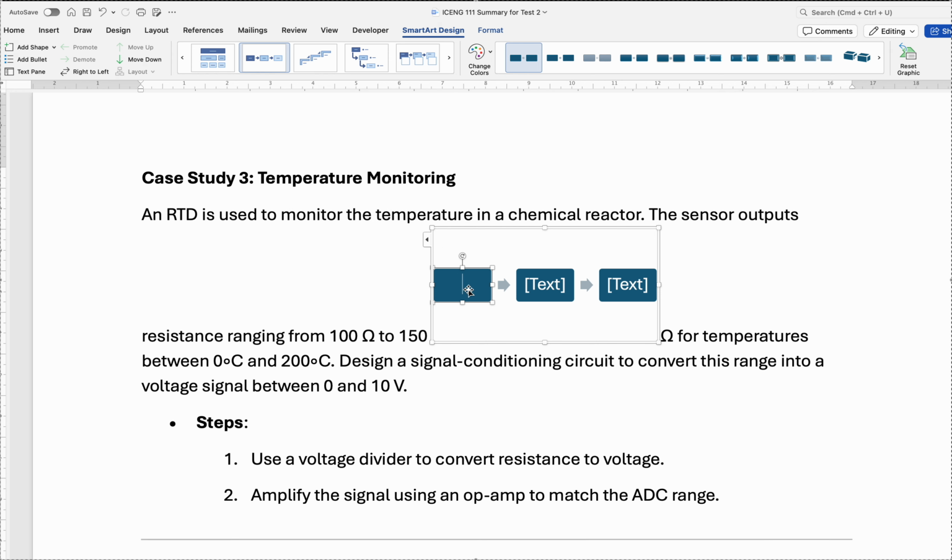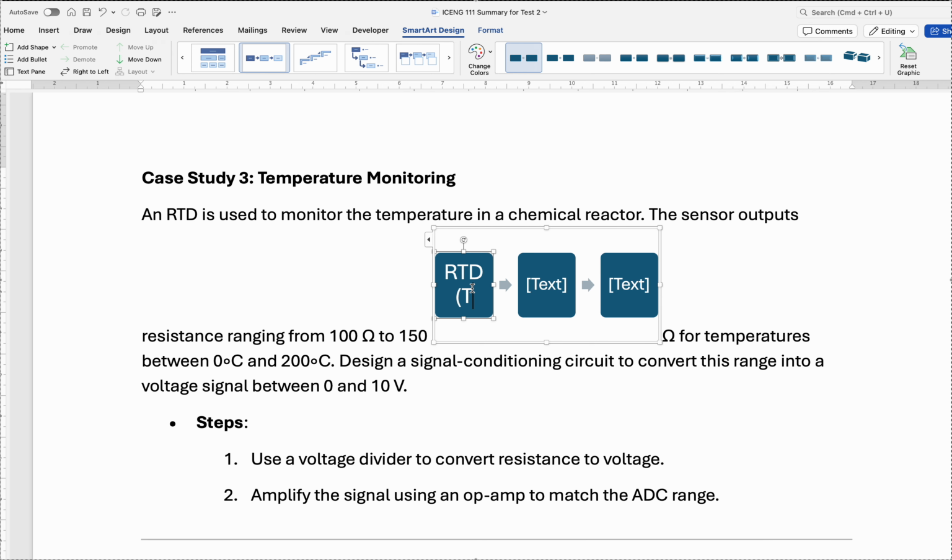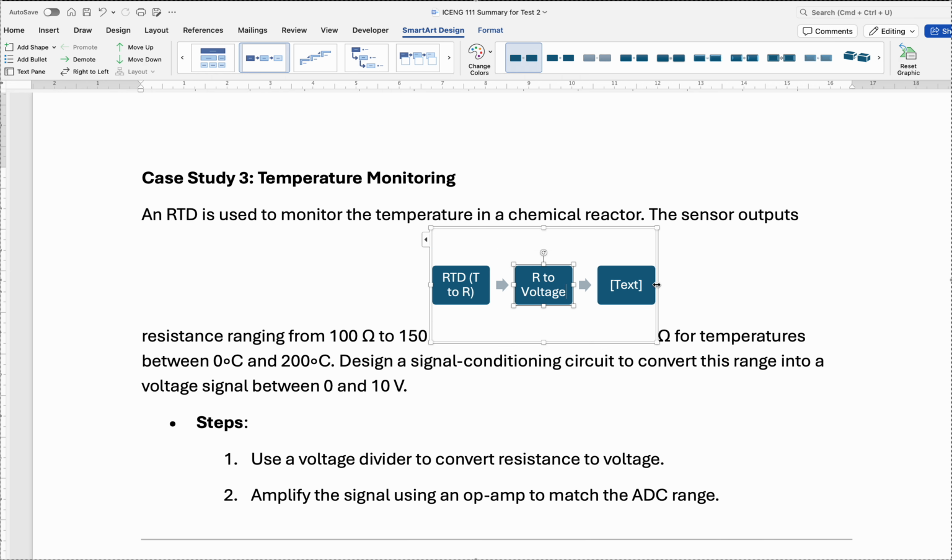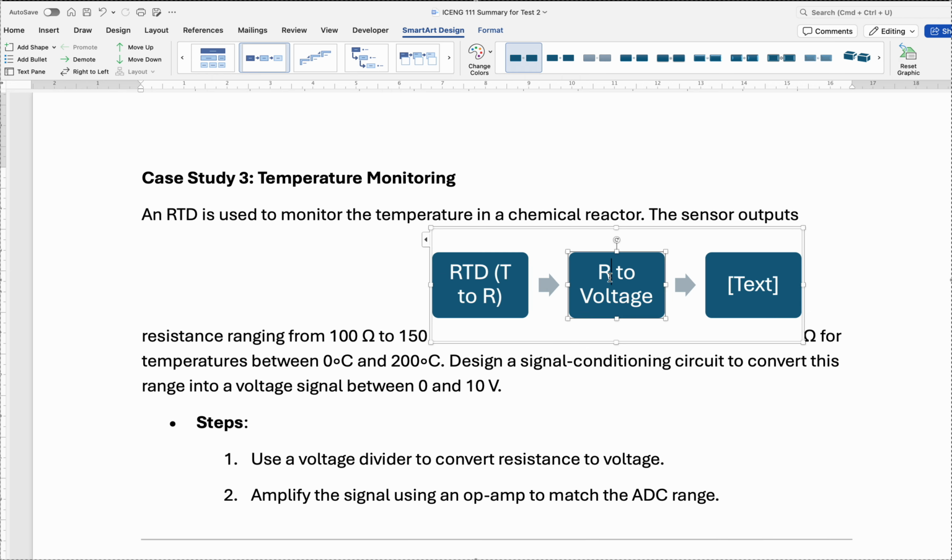So I have a transfer function here, but what is this transfer function and what is happening? Let's try to be more accurate. So I have a temperature change, and this temperature change using the RTD gives me a temperature to resistance conversion, right? So this is what I'm having, and then I'm having resistance to voltage, and that is the second part.